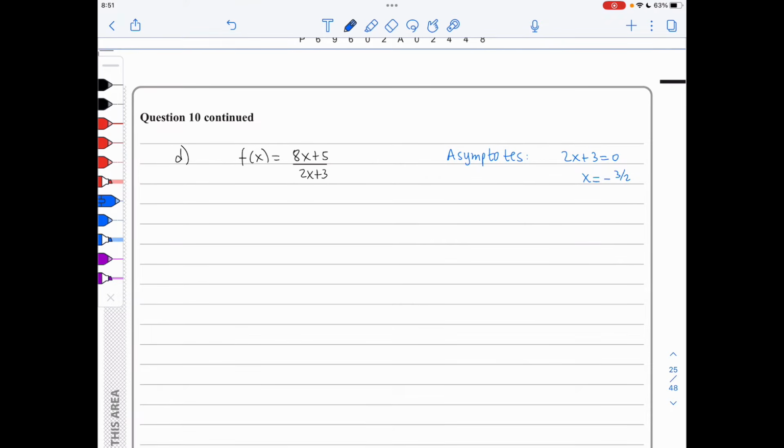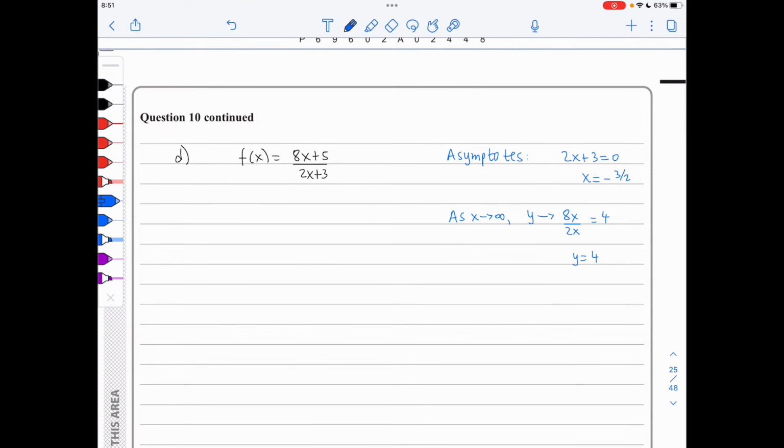For the horizontal asymptote, we consider the behavior of y as x tends to infinity. And as x tends to infinity, y tends to 8x over 2x because the 5 and the 3 are insignificant compared to the size of 8x and 2x. So this will be 8x over 2x, which is 4. So we've got an asymptote at y is 4.